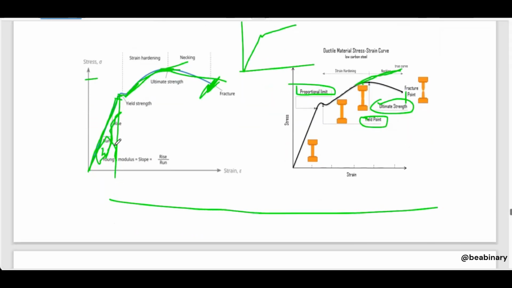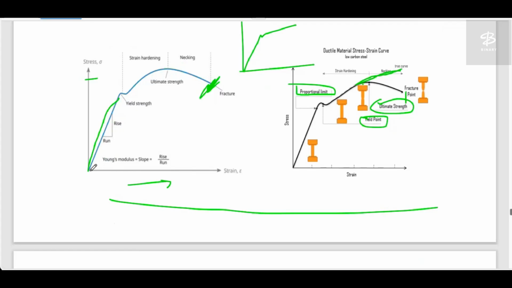If that line is not very straight, suppose the line is like this, in that case, if that is not clear, the strength is the same, then you could use the strain line.